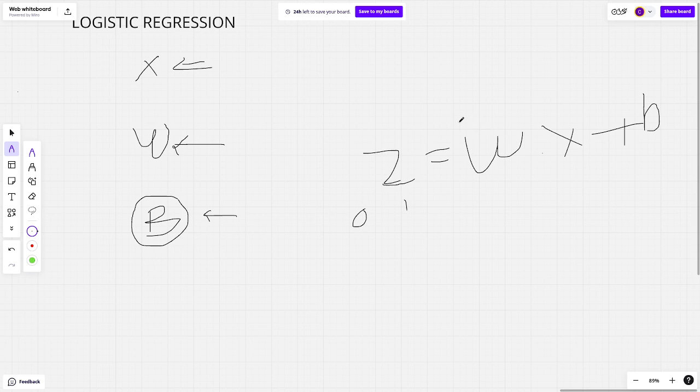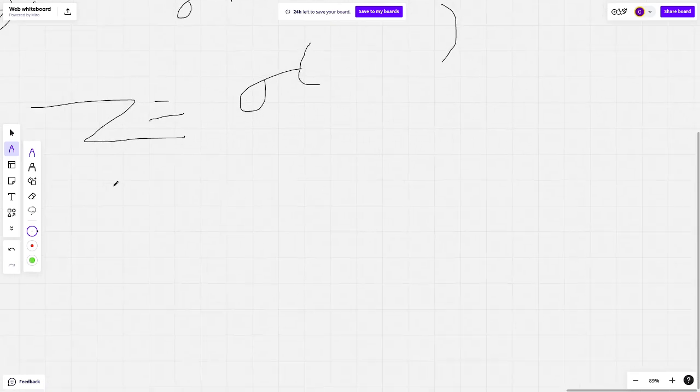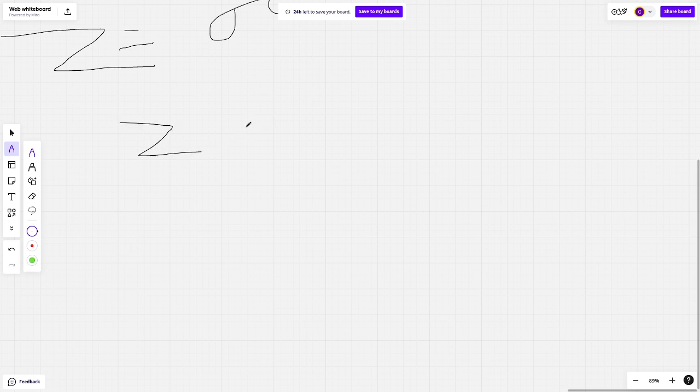What we try to do is wrap the whole thing in the sigmoid function, which squishes the whole equation into the range between 0 and 1. So if z is big, then sigmoid will make it close to 1.